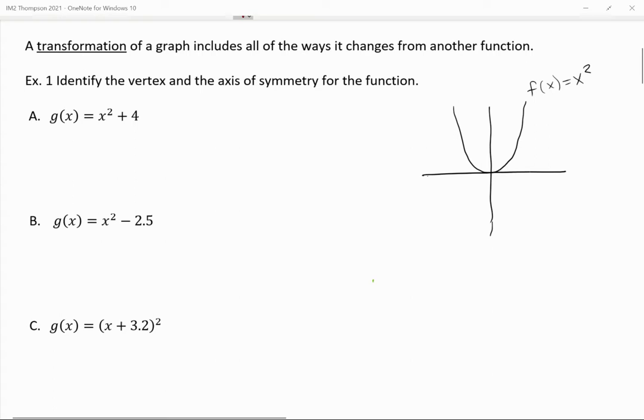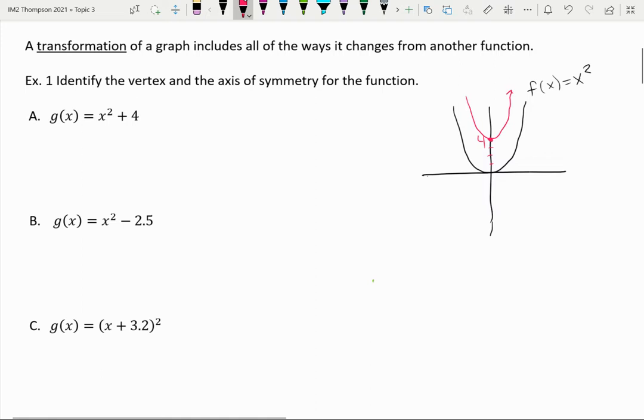And when we looked at the graph of f of x equals x squared plus 4, it shifted up 4. So this plus 4 at the end causes this graph to go up 4.